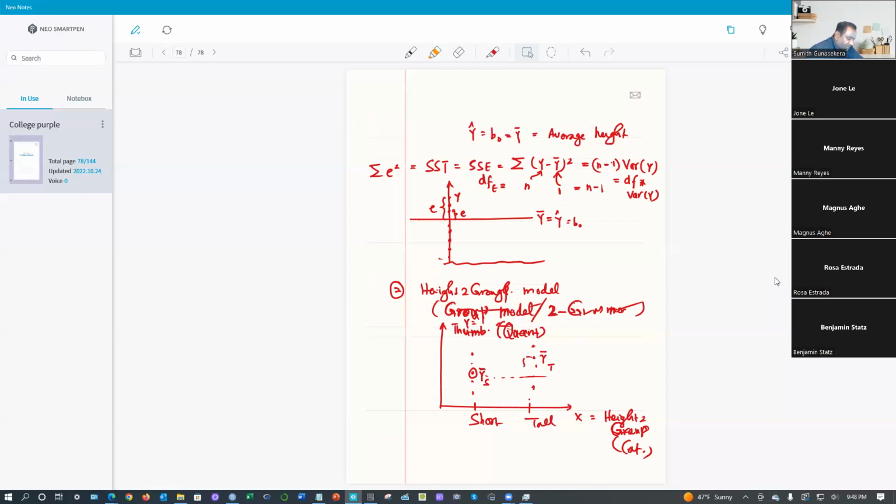This one is denoted by 0, this one by 1. This gap is B1. This one is B naught. So the model they write is y equals B naught plus B1 x plus error. This time x is either 0 or 1.